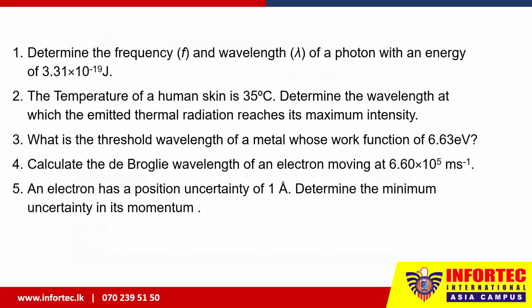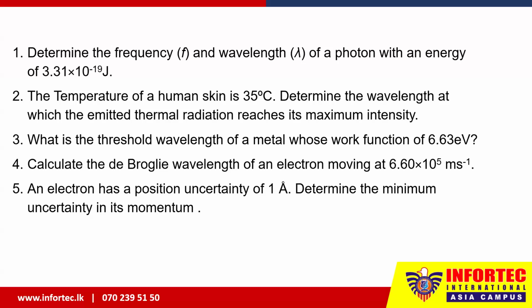Sorry, question number 3. What is the threshold wavelength of a metal whose work function is given as 6.63 electron volt? In reading the question, you should remember the theory. The threshold wavelength and work function, these two words come in the photoelectric effect. Last day we studied the wave nature and particle nature of a particle.